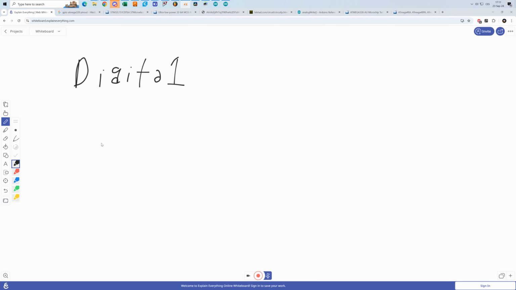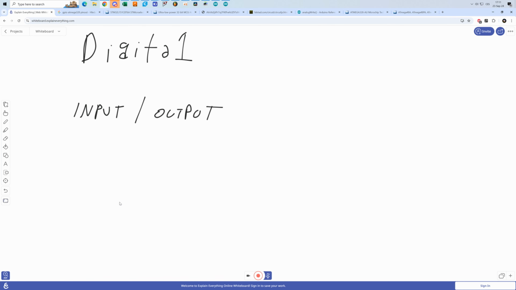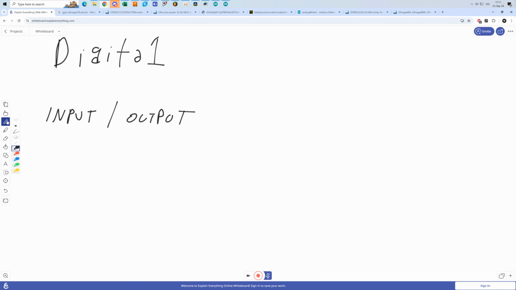Now, digital pins can also be configured as either input or output. And I have never seen a digital pin where it wouldn't be able to do both. We've seen before with analog pins that some analog pins are only input and some are only output. Digital pins can always handle being configured as input and output pins.